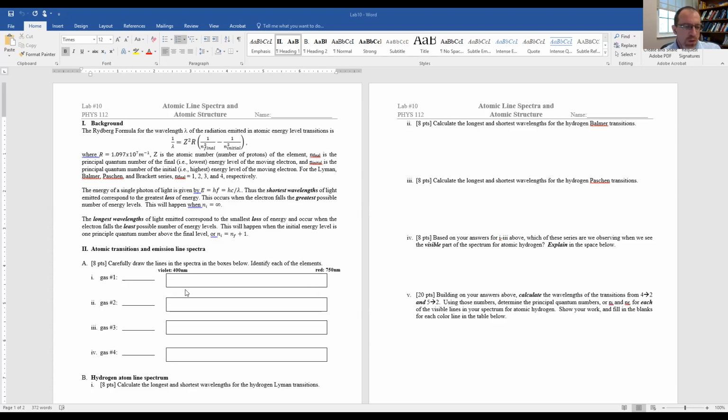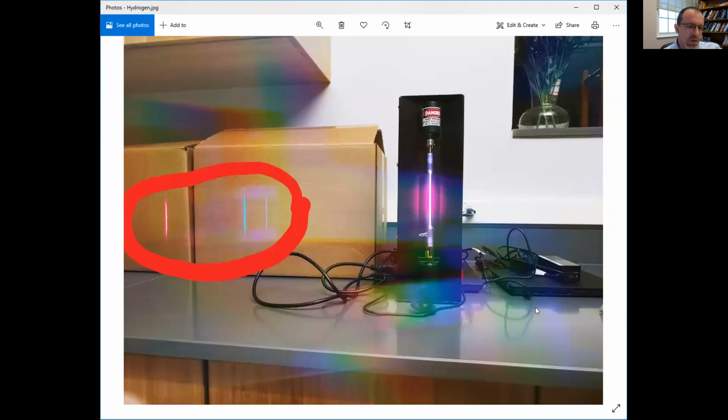So I want to take a look just at the emission spectrum from hydrogen. So let me pull that up real quick. All right, so hopefully we can see this, and we've got right there the hydrogen tube itself, inserted into a high voltage source so that we end up with a ton of energy across this tube.